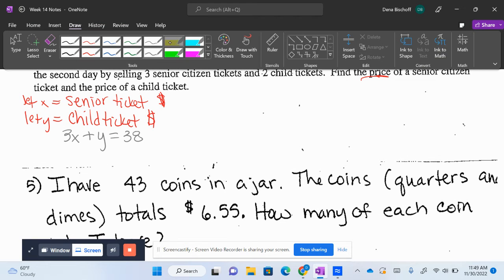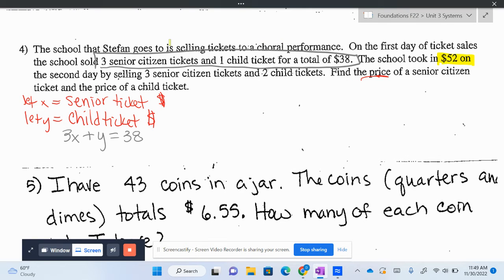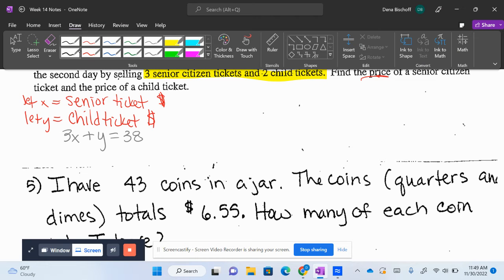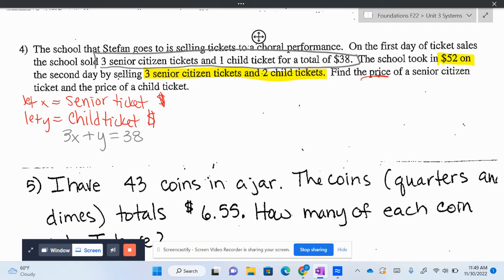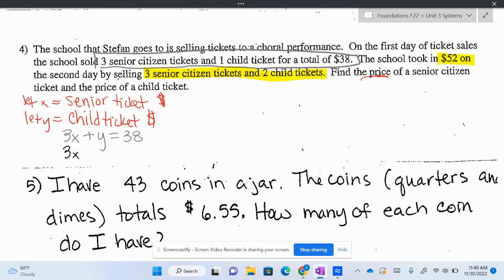On the second day, they made $52 from selling 3 senior tickets and 2 child tickets. What does that equation look like? They sold 3 senior tickets and that's plus 2y.